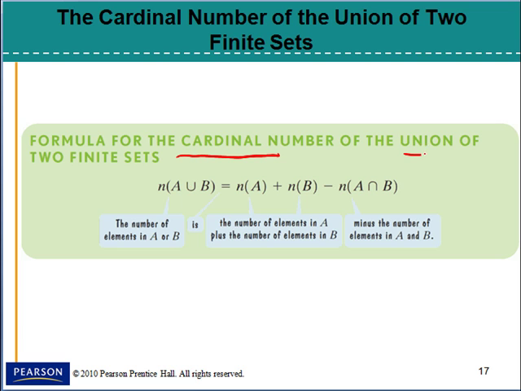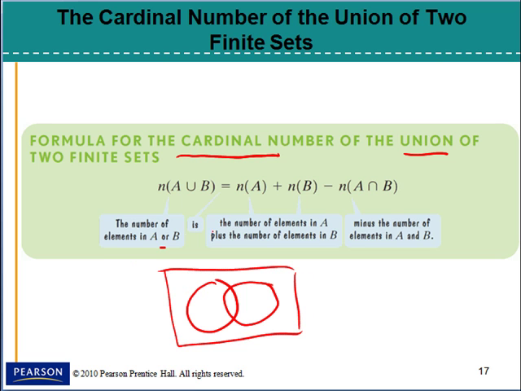So we know a union means OR. This formula says it's equal to the number of elements in A plus the number of elements in B, minus the number of elements in A and in B. That's because if you draw the Venn diagram, A union B contains everything here.